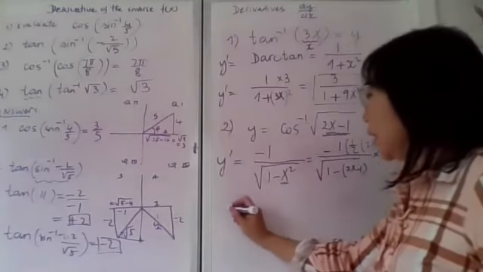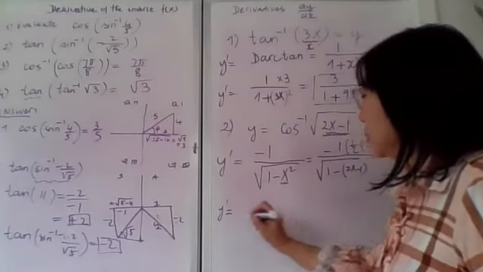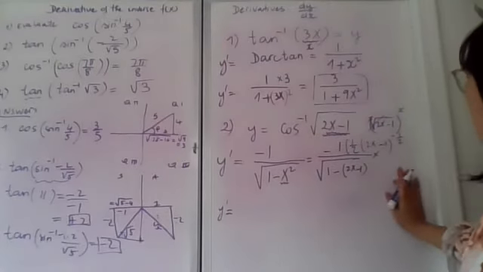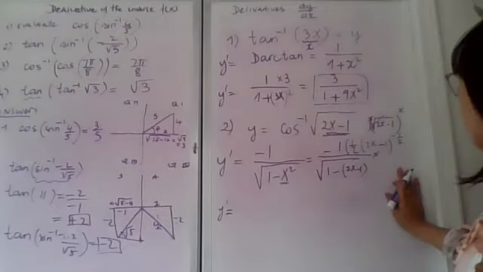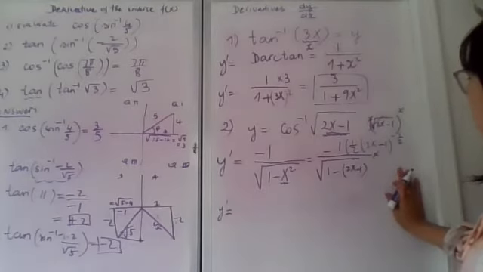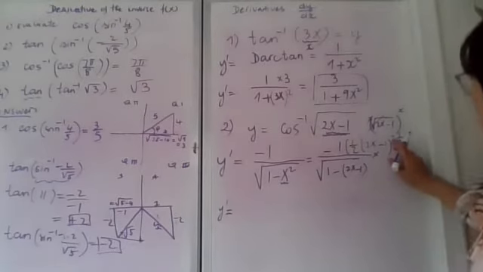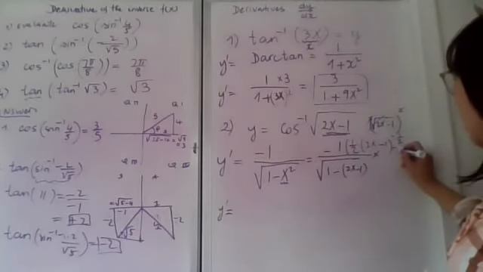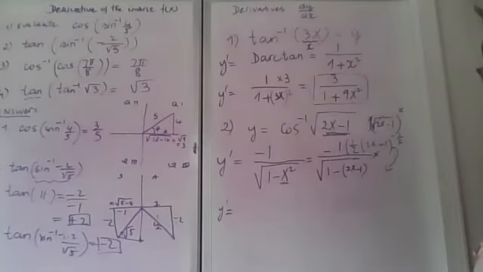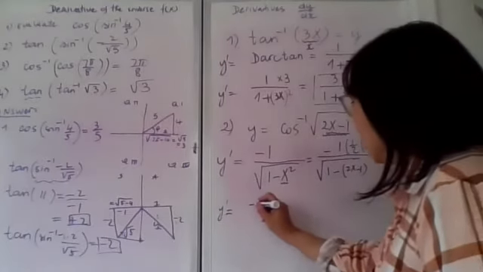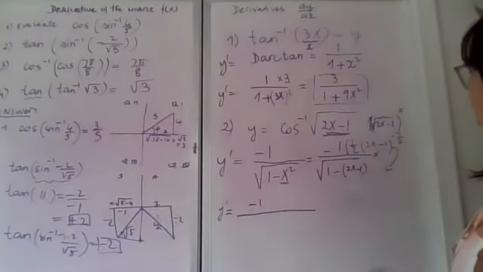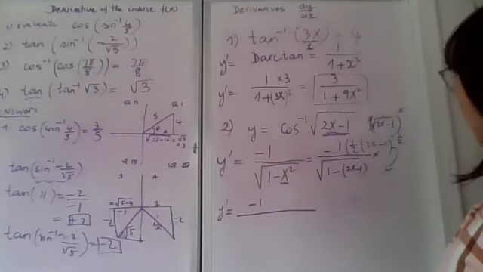So now let's simplify this ugly expression. How do we simplify this? Let me see. First of all, because this is a negative power, and I don't like the negative power, I'm going to bring this expression down here. So on the top, still minus 1. Now I'm going to bring this expression down here, and the power becomes positive down here.